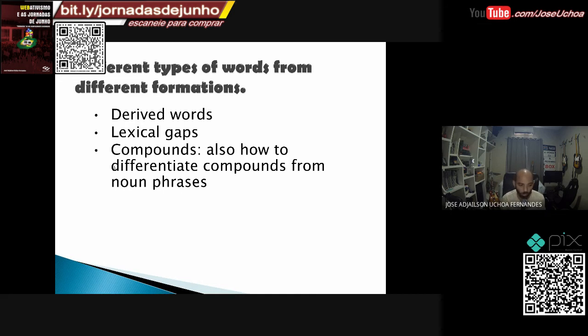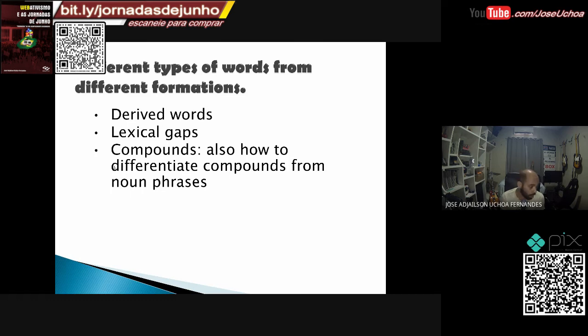Handsome o qualifica, e the é o determiner, o que determina que é um homem específico, não qualquer um. Essa expressão, the handsome man: the handsome man over there is waiting for you. The handsome man é um noun phrase, uma phrase cujo núcleo é um substantivo, a noun, ok?